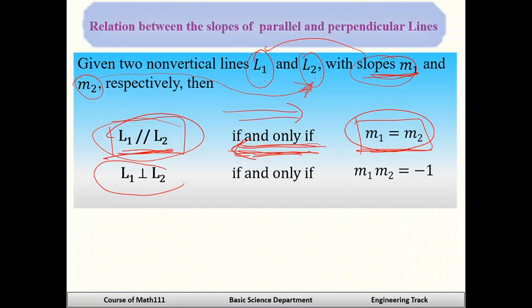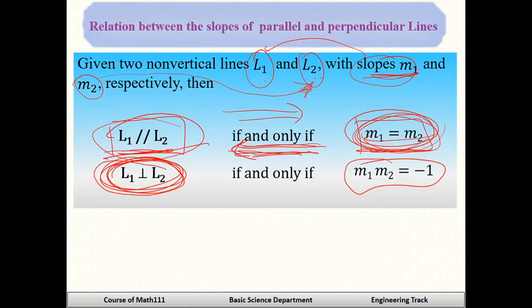Now, the criteria for being perpendicular is the product of the slopes is equal to -1. So we can answer the questions by checking the slopes. If they're the same, lines are parallel. If the product of the slopes is equal to -1, then these lines are perpendicular.